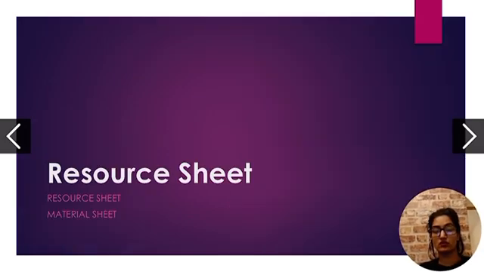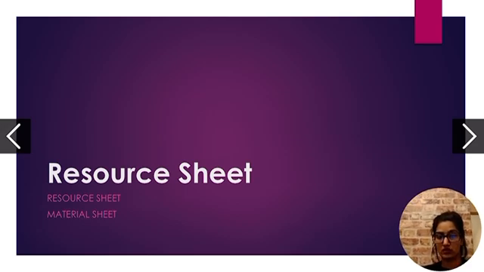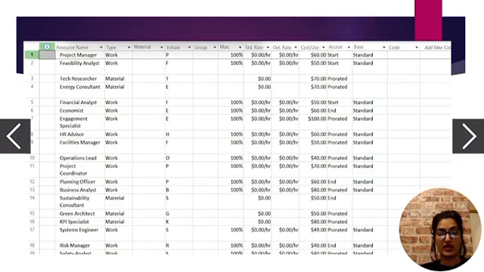You can see the resource sheet is a material sheet, and I will discuss how I make the resource sheet step by step, what the material costs are, and so on, in the next video.